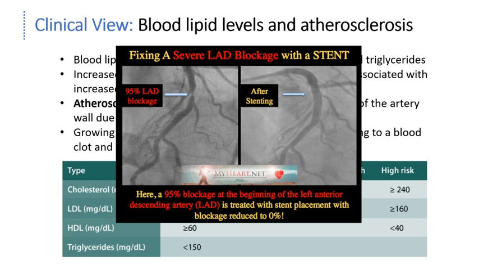So in this case, it's the LAD. The LAD is also sometimes called the anterior interventricular artery. When it's blocked, this is called the widowmaker, right? Because blocking this blood vessel can significantly impact blood flow to the heart, causing a heart attack.